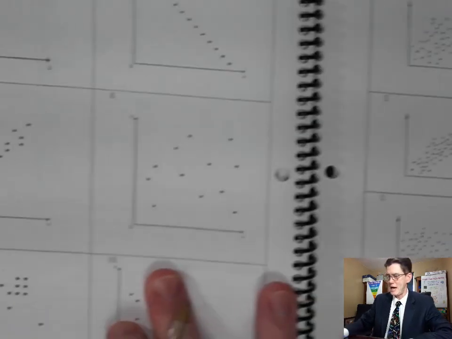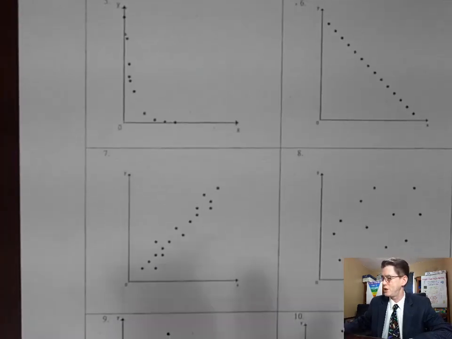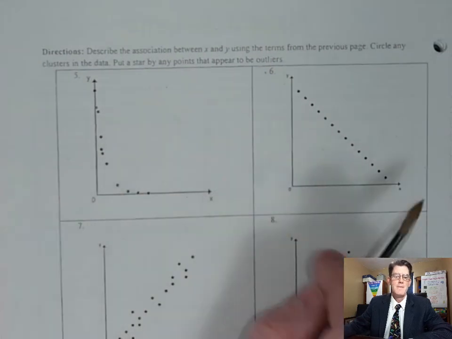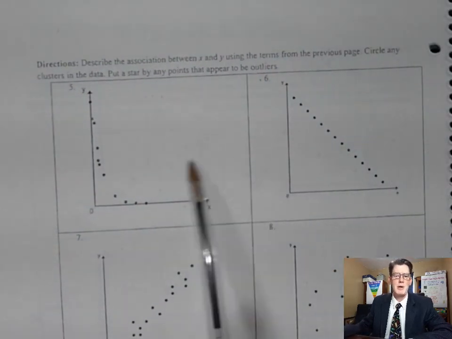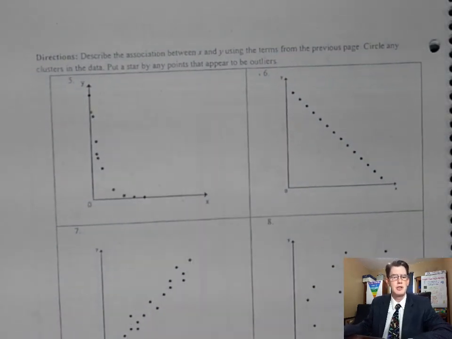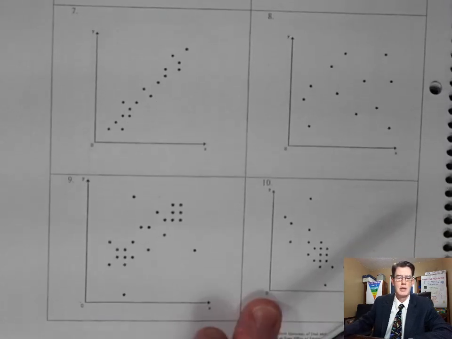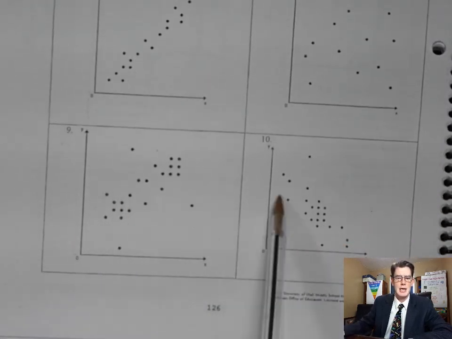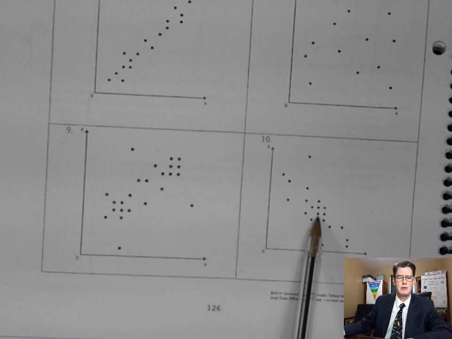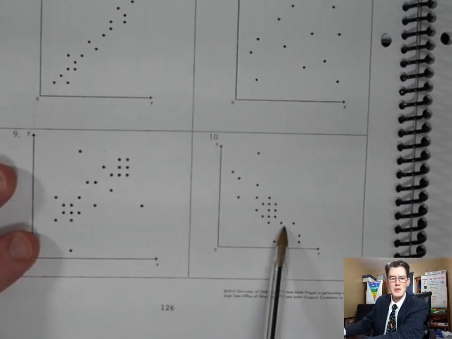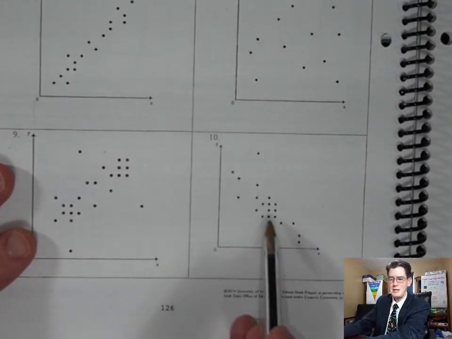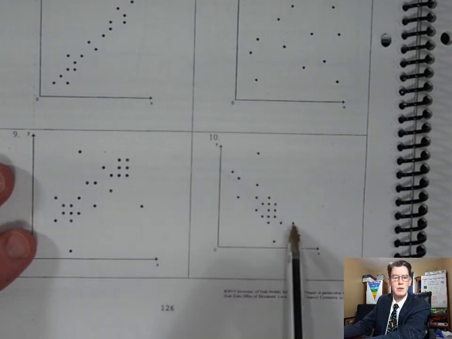So for today's assignment, 126, follow those instructions, describe the associations based on what we did on the last page just now. Circle any clusters and put a star by outliers. So for example, I'm looking at this one. I can see that it's kind of going in a downward direction.